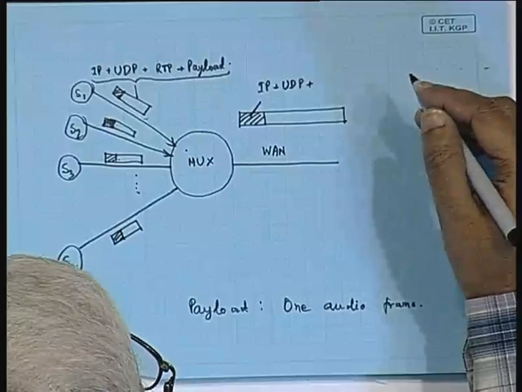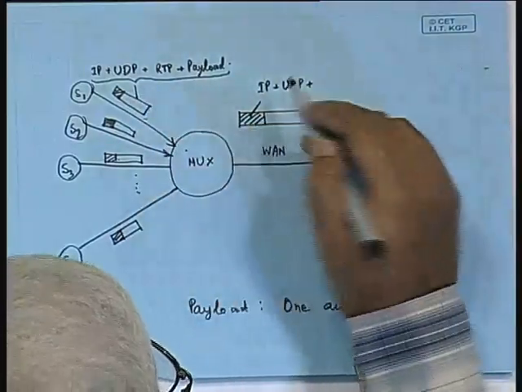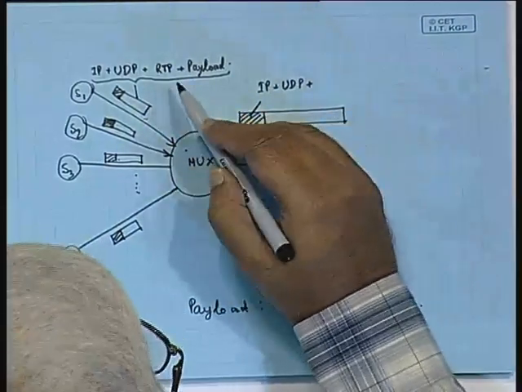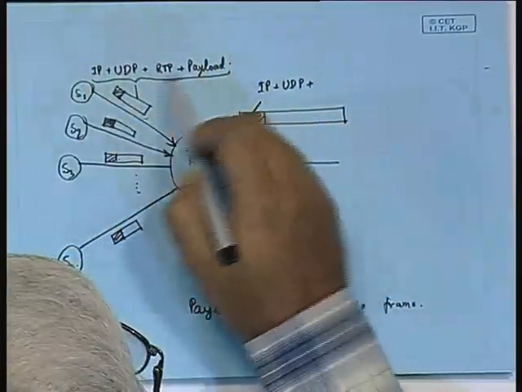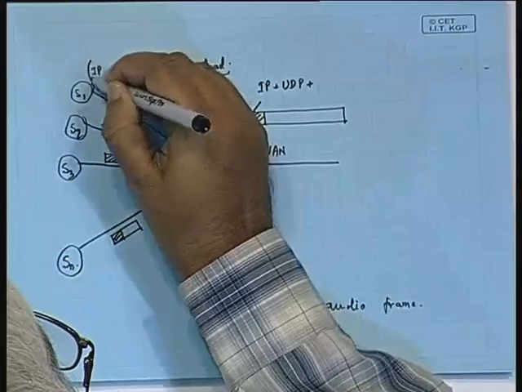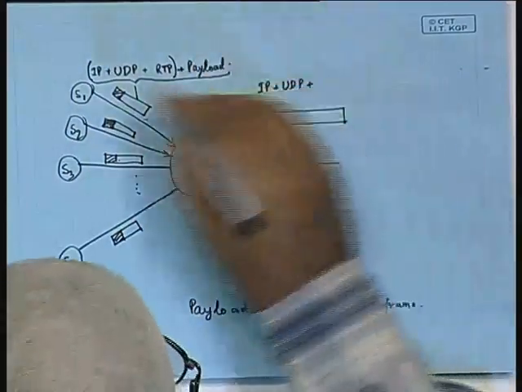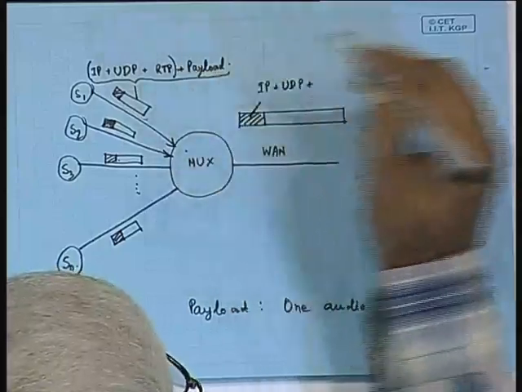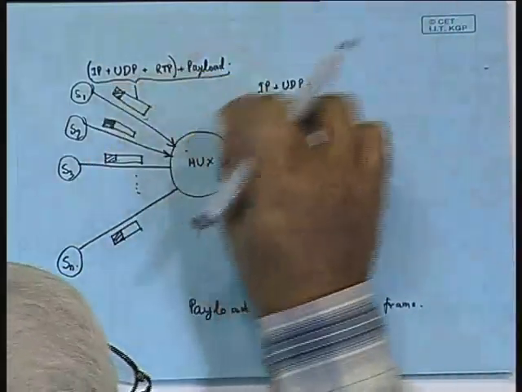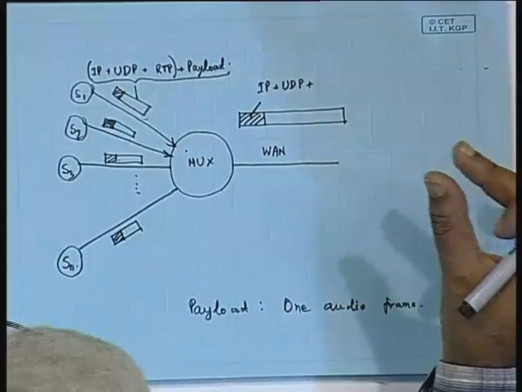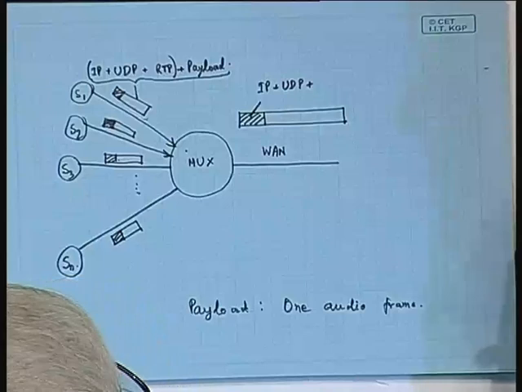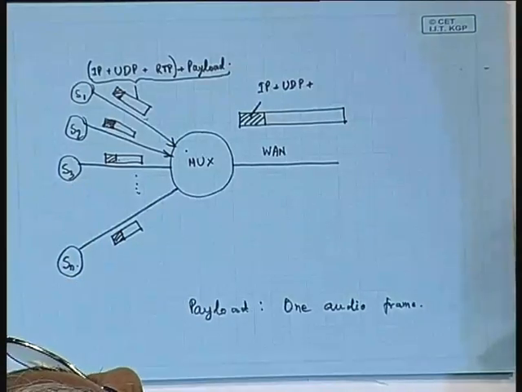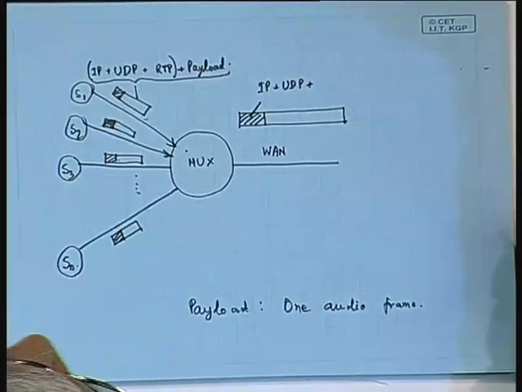So, what we can see is that header information may be less as compared to the total header information what we have over here. So, here the IP plus UDP plus RTP, these header components, if it takes 40 bytes, maybe that now after multiplexing the individual streams what we are sending in the form of multiplexed packet, that may not contain 40 bytes, there we may be able to reduce the header size very significantly.